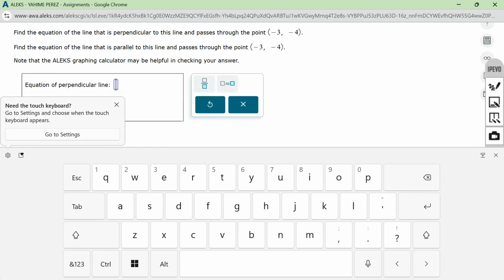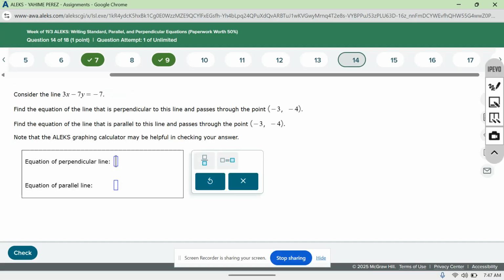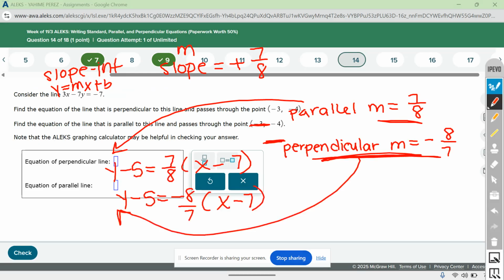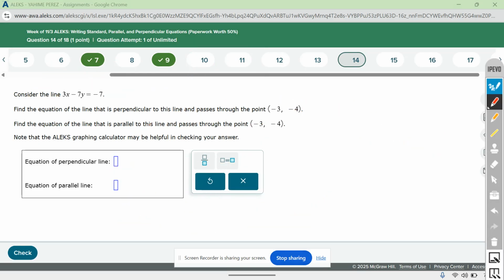14. We're going to do the same thing, however, this time, right, this is in standard form. And something about standard is that it tells us zero information.